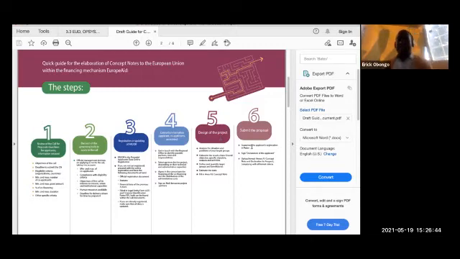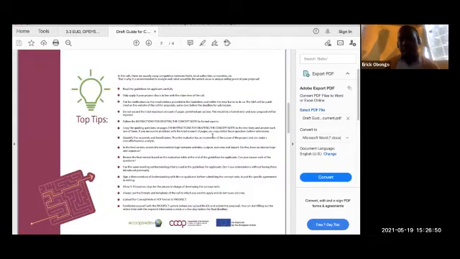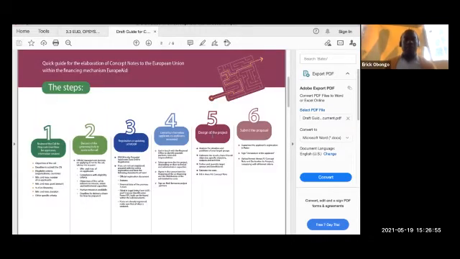So those are the 6 steps that we think are very critical when it comes to calls for proposal submission, and also the concept notes.